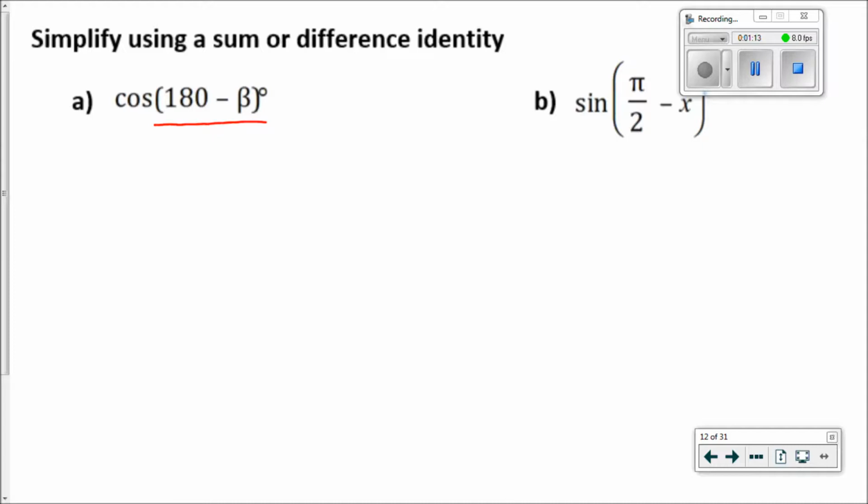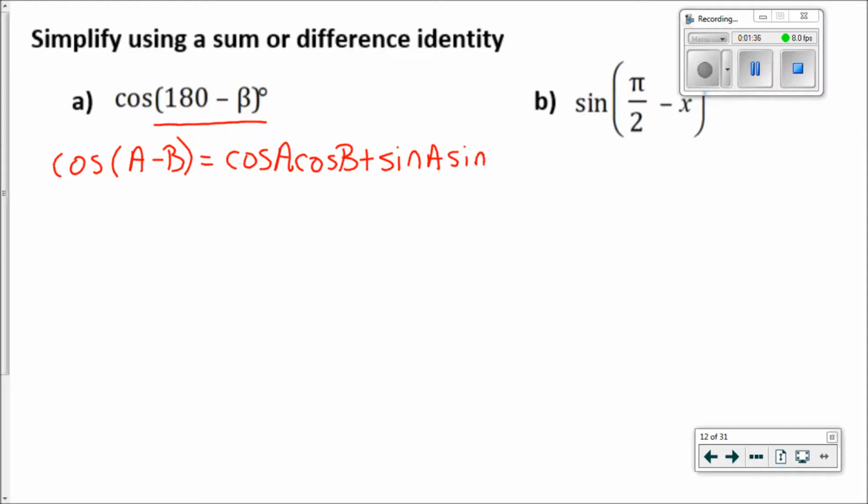And so that identity, if you're looking at your formula sheet, is that the cosine of A minus B is equal to the cosine of A times the cosine of B plus sine A sine B. In this particular example, A is 180 degrees and B is the Greek letter beta, which is like a capital B with a little bit of a tail.